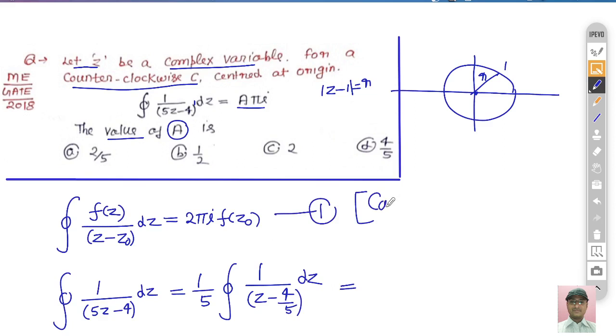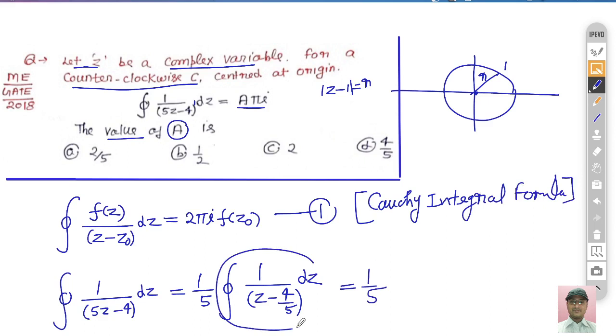This is the Cauchy integral formula. Since the power is 1, we use the first case. So this 1 by 5 will be outside, and in place of the integral you put 2 pi iota into f(z0).